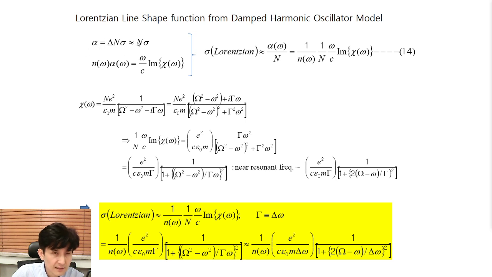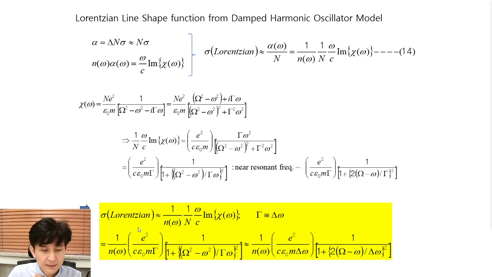Alpha is n times sigma. It's basically delta n times sigma, but when there is no excited state atom, then delta n becomes n. So alpha just becomes n times sigma.